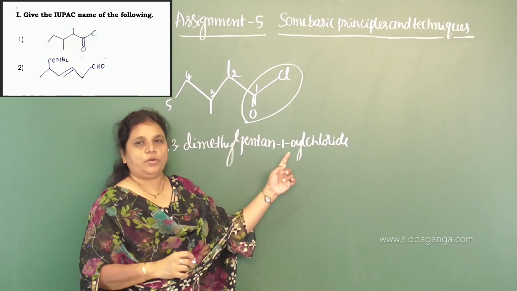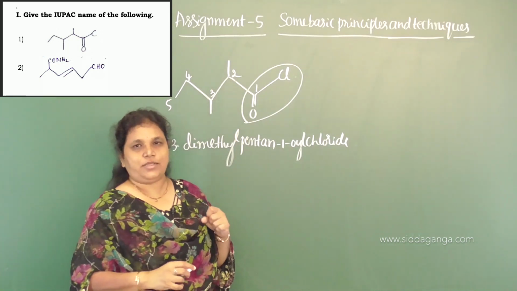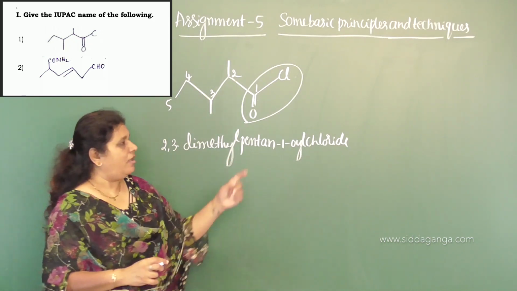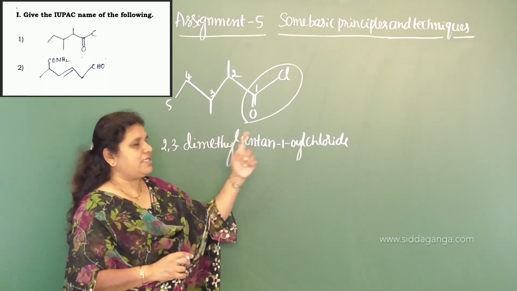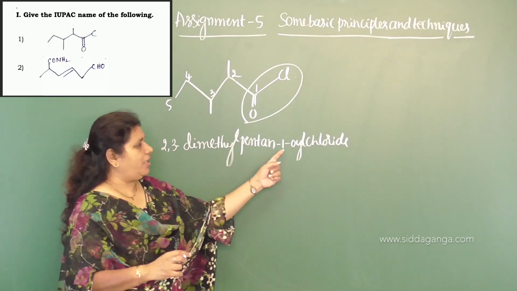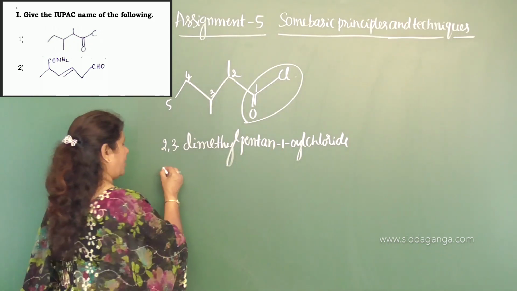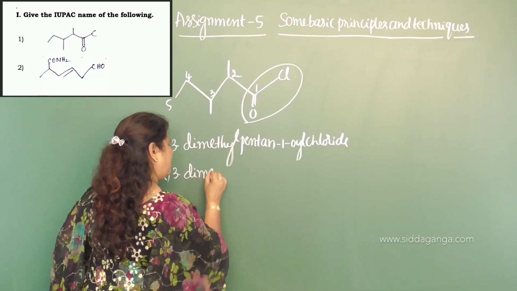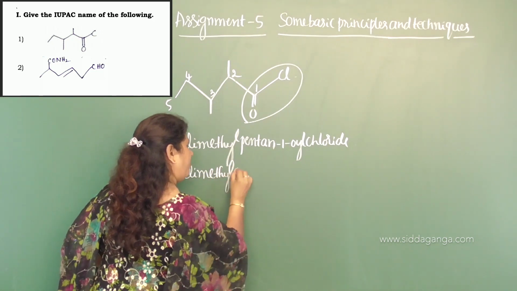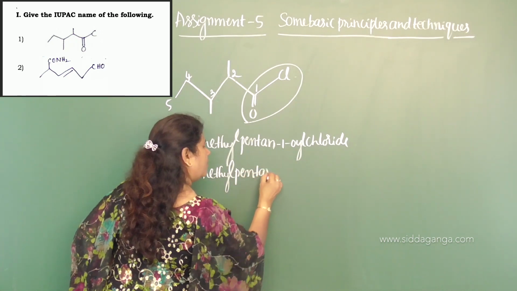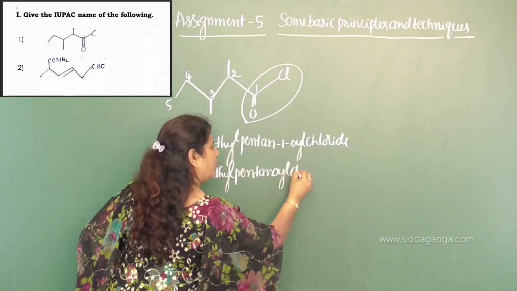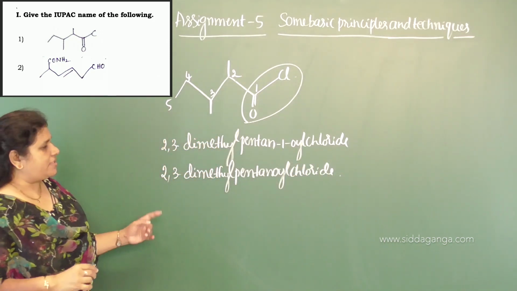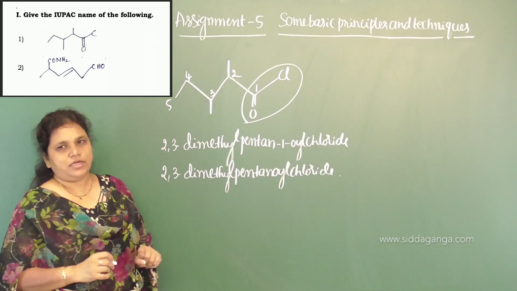You can ignore the locant 1 here, as it always takes the locant 1 because it is a carbon containing terminal functional group. So always it gets the locant 1, and you can rewrite it as 2,3-dimethylpentanoyl chloride. This is the IUPAC name of the first compound.